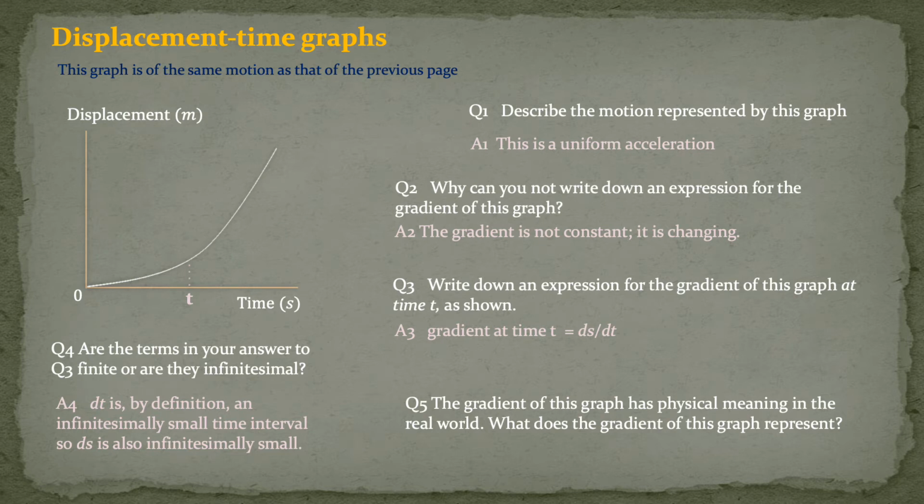The gradient of this graph at a particular point in time has physical meaning in the real world. What does the gradient of this graph represent at a particular point in time? Well, the gradient, which is ds by dt, represents the instantaneous velocity of the body at the particular point in time at which we are finding ds by dt.